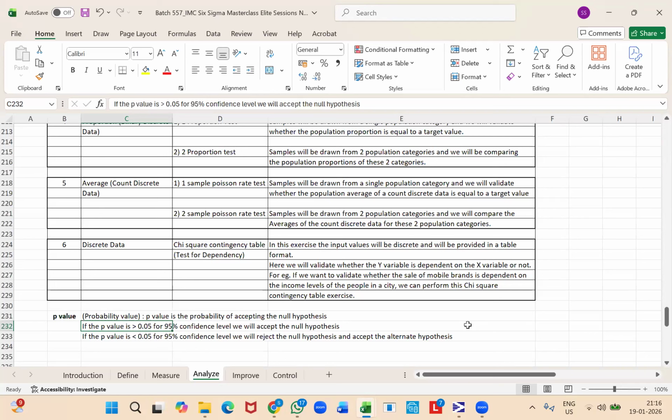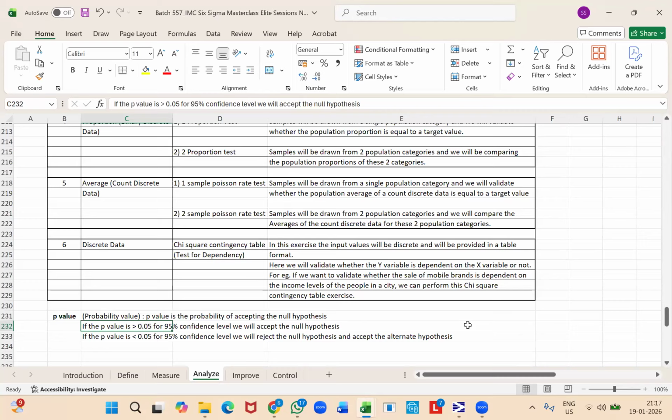Now, 0.05 as the criteria for p-value can be applied only if the confidence level is 95%. If the confidence level is 90%, then the criteria for p-value would change to 0.1 or 10%. 0.05 is 5%, correct?